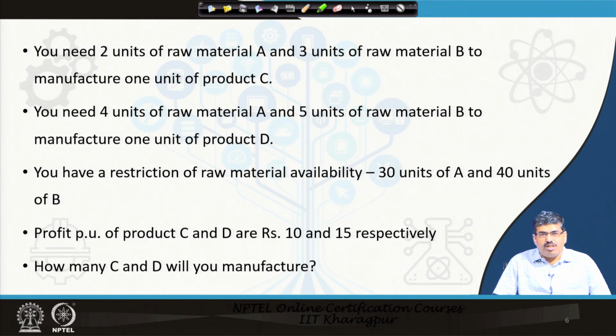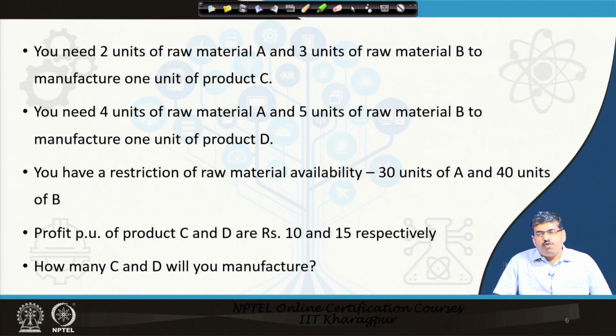So, what are we doing? What is the ratio? In 1 bucket of water, we are putting in maybe 1 cap of Dettol or some other disinfectant. So, the ratio is 1 cap of Dettol in 1 bucket of water. Okay. So, something like that. So, you need 2 units of raw material A and 3 units of raw material B to manufacture 1 unit of a product C.